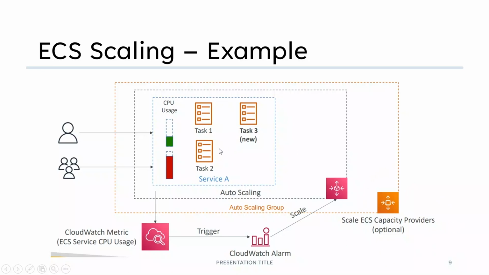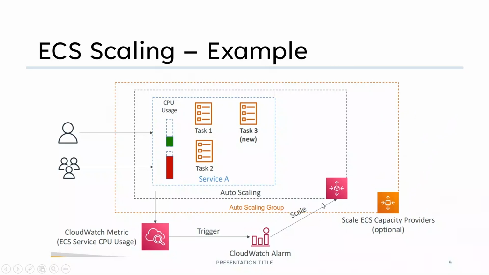One thing to keep in mind is that service autoscaling is different from EC2 autoscaling. Even if you enable service autoscaling, it doesn't mean that your underlying EC2 instances will also scale up. For that, you need to enable ECS capacity providers autoscaling.